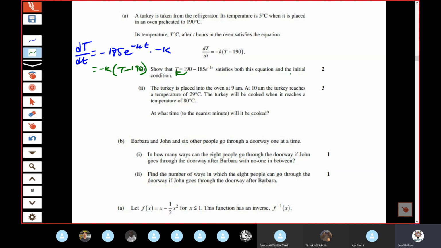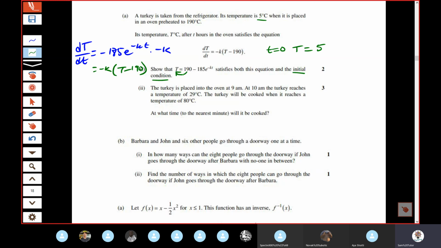That satisfies this equation and the initial condition. So what are you meant to do for initial conditions? T equals 0. And what should it be when t equals 0? When time is 0, what should the temperature be? 5. Because its temperature is 5 degrees Celsius.